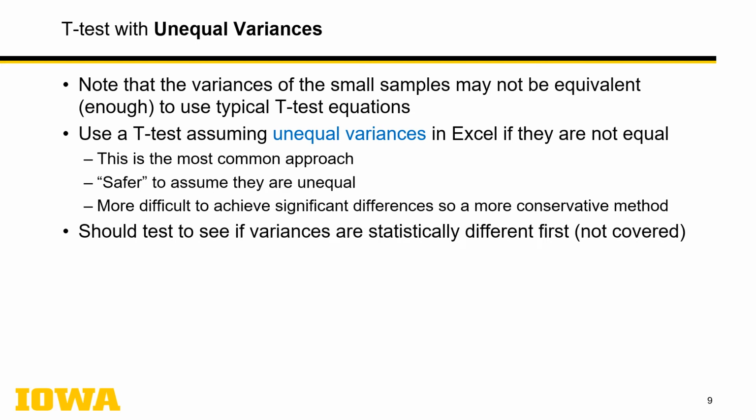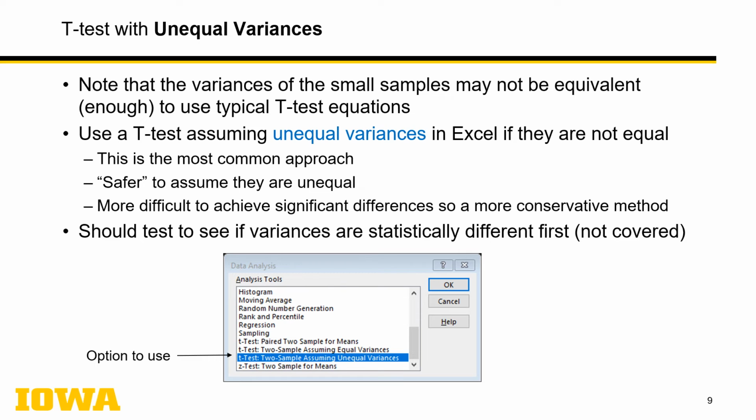Therefore, if you do reject, no one's going to argue with you. Most people will just opt for this, although there is a test beyond the content of this course where you could check these variances to see whether they're statistically different or not before you decide which one to use. But most people just opt for the unequal variances.